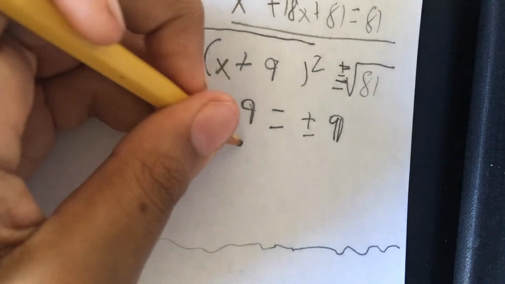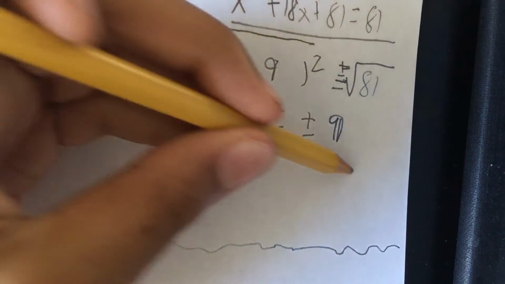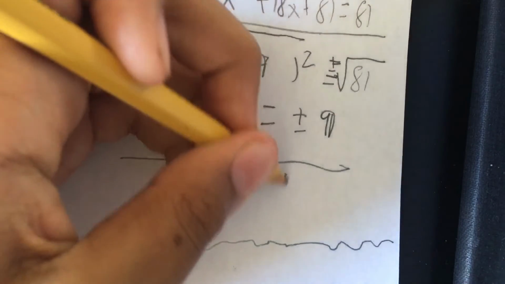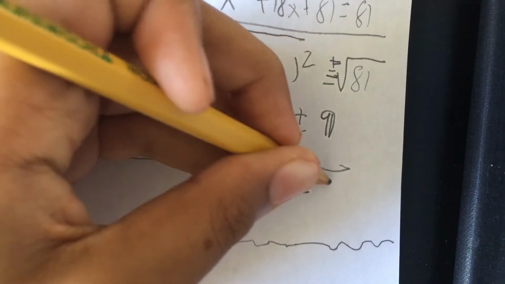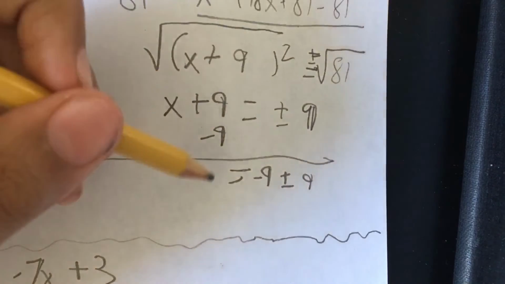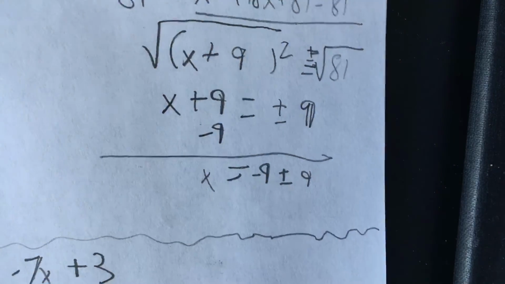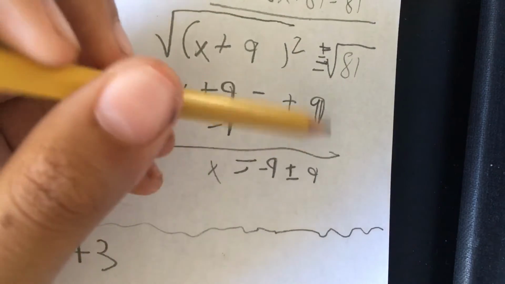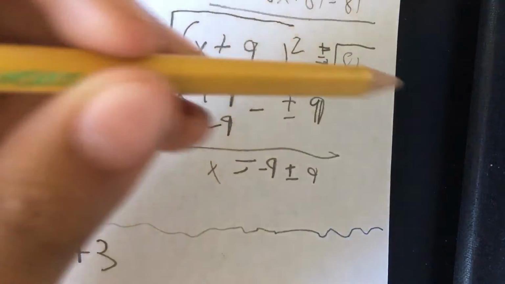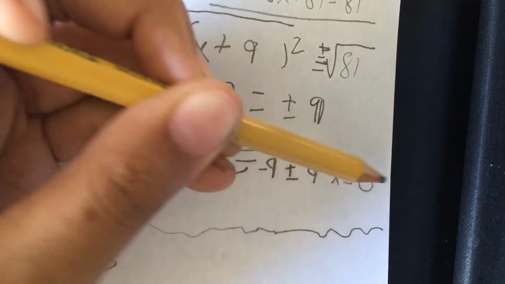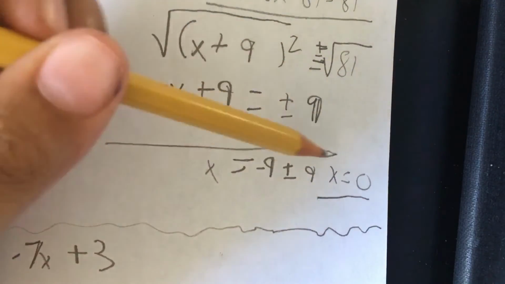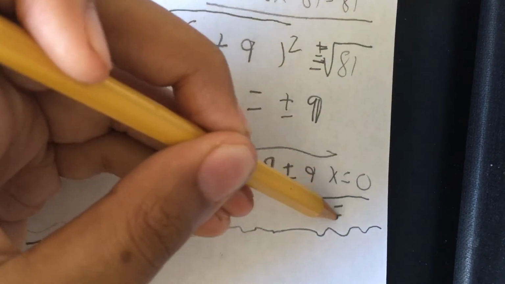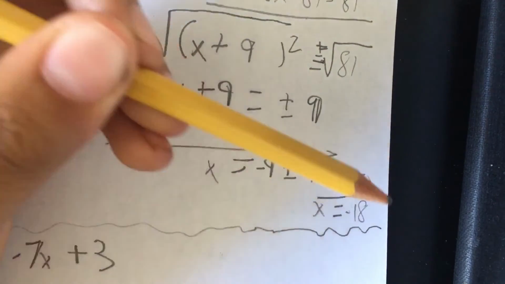So, now we're going to subtract 9 from both sides, and now we have negative 9 plus or minus 9 equals x. So, all we have to do now is subtract and add 9. So, adding 9 would get us x equals 0, and subtracting would get us x equals negative 18.